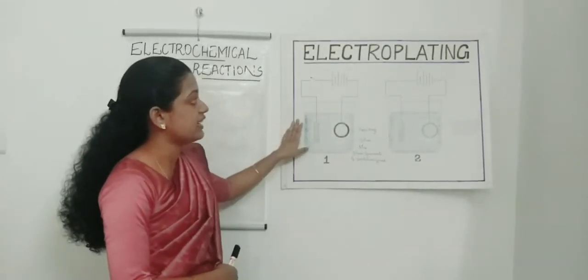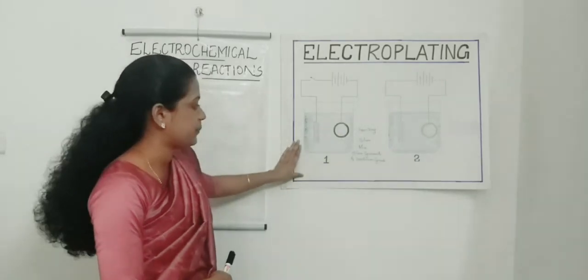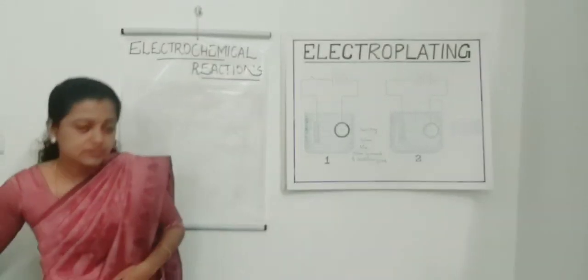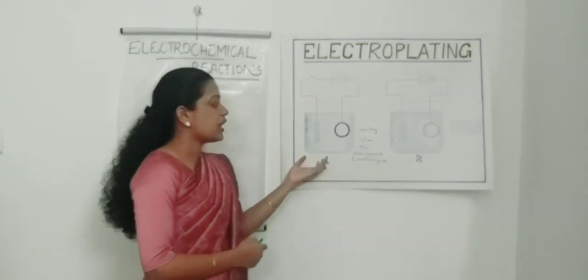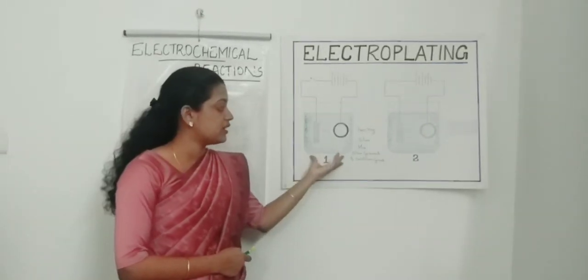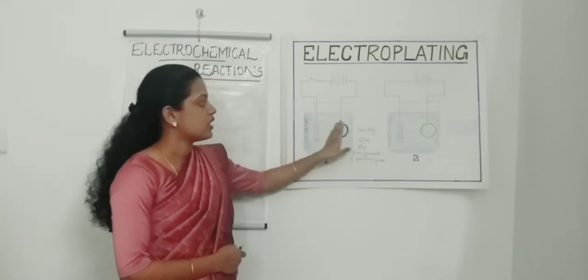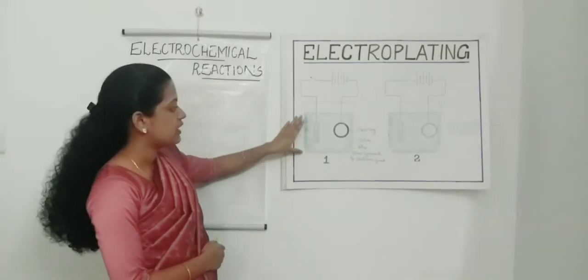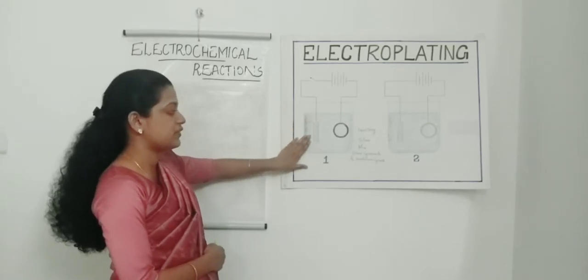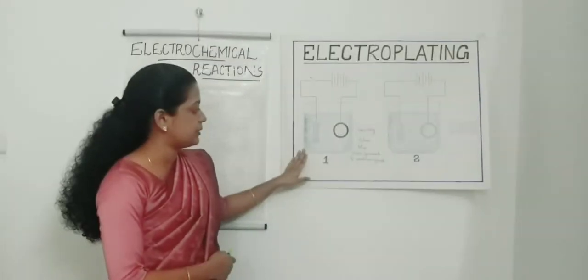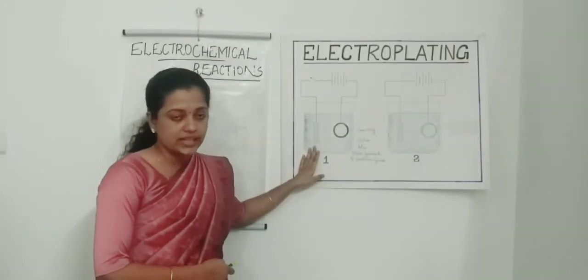Again, you can see a similar apparatus here. Now, observe figure 1. Here, I am going to give a silver coating to this iron ring. I have taken a mixture of silver cyanide and sodium cyanide solution in this beaker as my electrolyte.